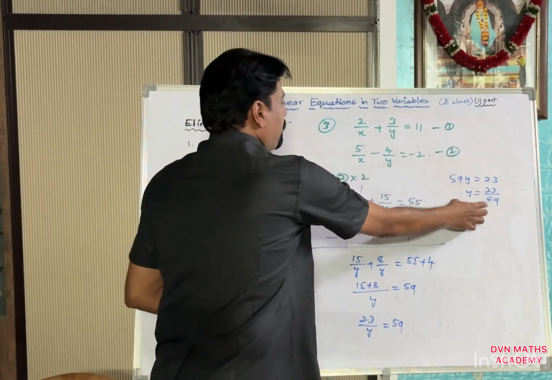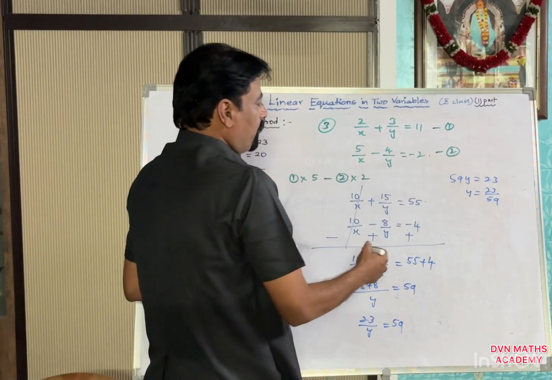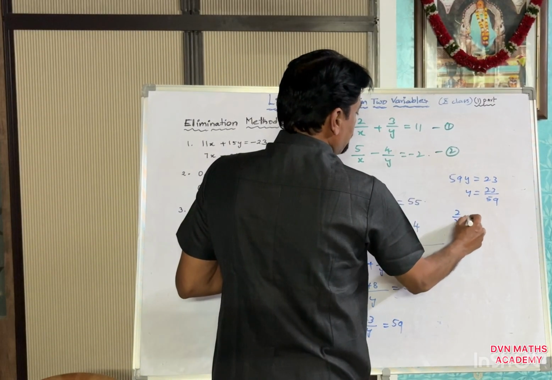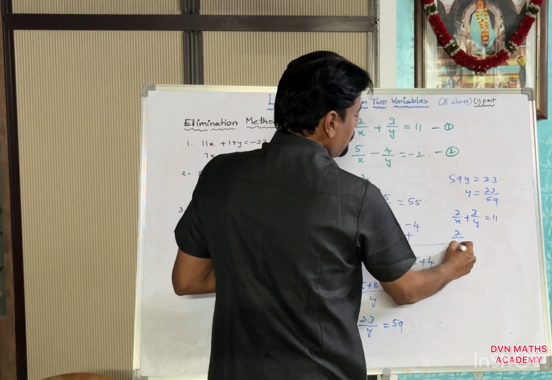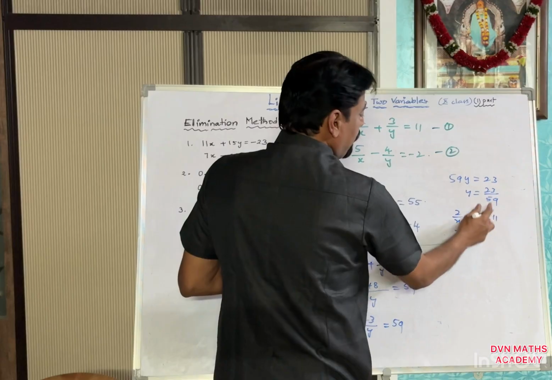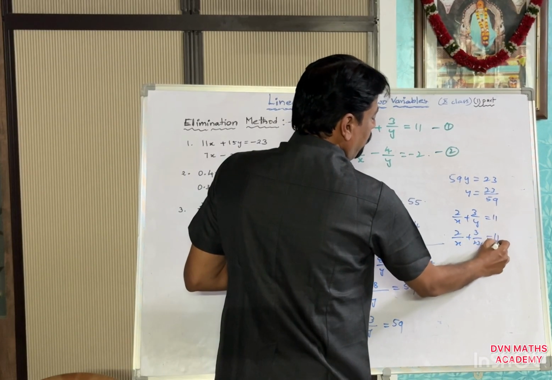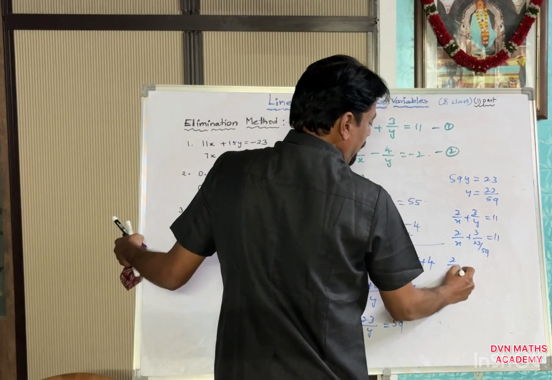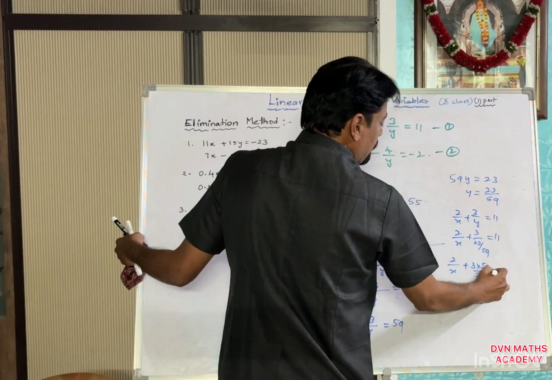Now you substitute this y value in any equation, then you will get the value of x. So for example here, 2 by x plus 3 by y is equal to 11. So 2 by x plus 3 by 23 by 59 is equal to 11. So this becomes 2 by x plus 3 into 59 by 23 is equal to 11.